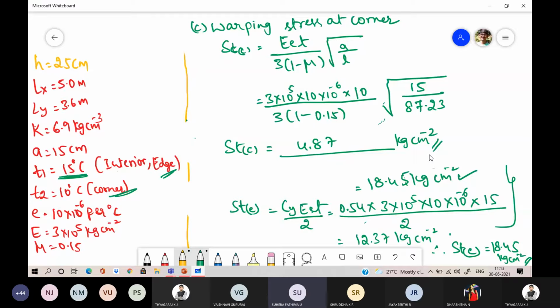While taking the stresses, you will be in confusion about which one you have to take. Whichever the highest value you are getting, you can take that value, either by considering CX or CY, or by calculating the stresses at edge using CX and CY.